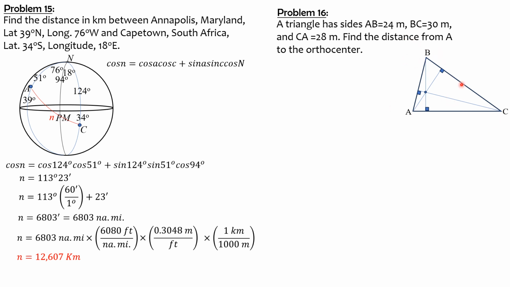AB is side C actually, which is 24. BC, which is side A, opposite to angle A, is 30. And CA, which is side B, is 28 meters. And we are looking for the distance from A to the orthocenter. This is the orthocenter. I will mark this with point O. And the distance AO I'll mark with X.